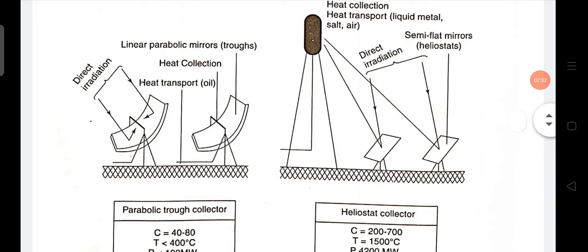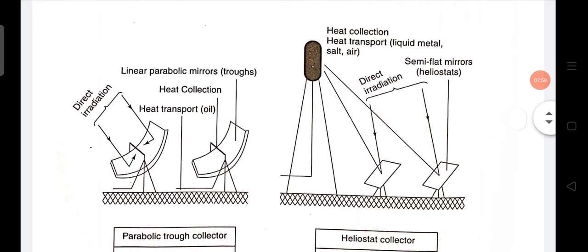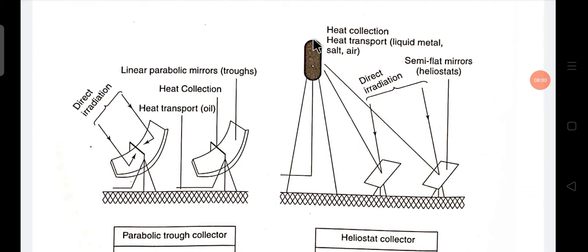Another one is the heliostat collector. You know previously what a heliostat is: small plane mirrors are called heliostats. They are placed in such a way that they reflect the direct radiation falling on them onto the absorber, which is placed in a tower.